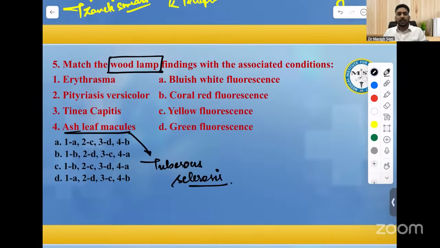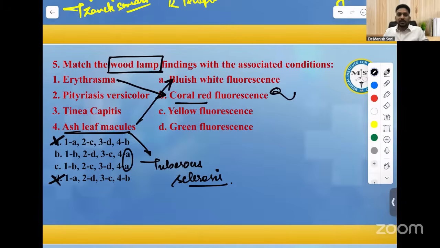Now, can you tell me that erythrasma under Wood's lamp light produces which color of fluorescence? Coral red colored fluorescence. Already question has been asked. Very important. So coral red colored fluorescence. So first is B. So obviously the answer is not A and D. Ash leaf macules, they appear bluish white.